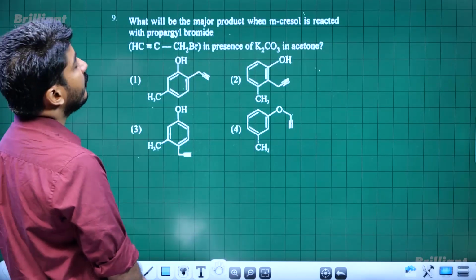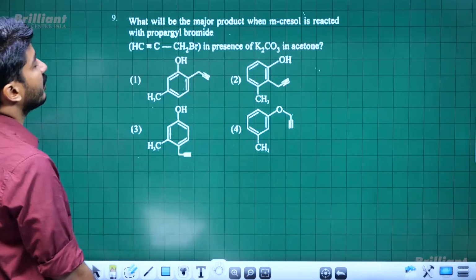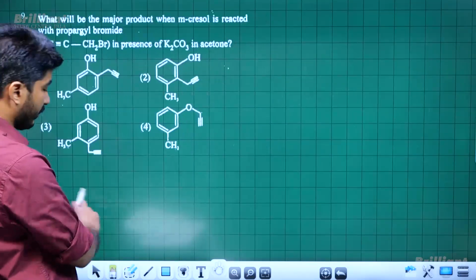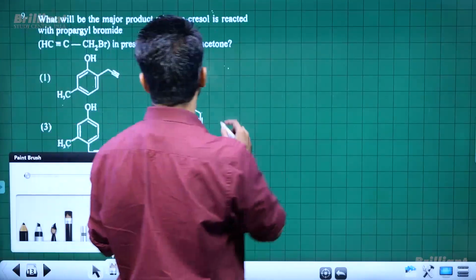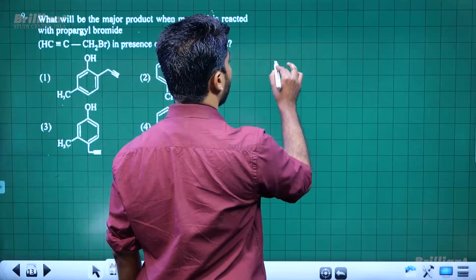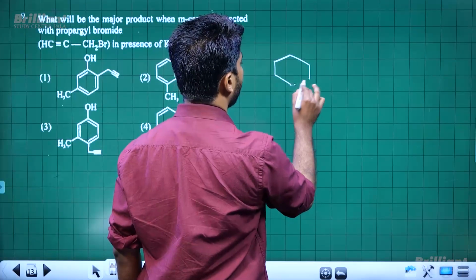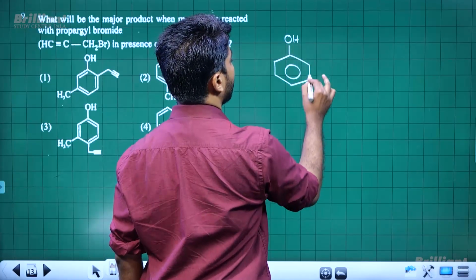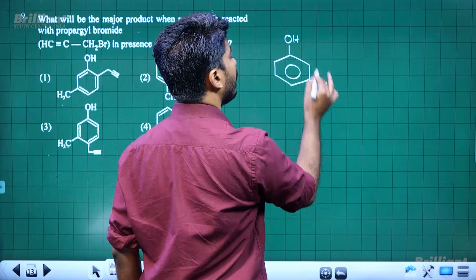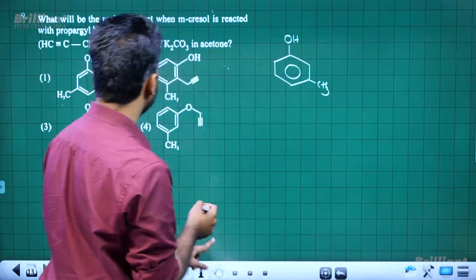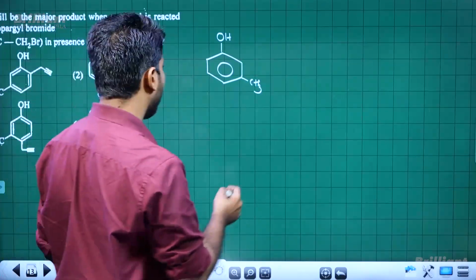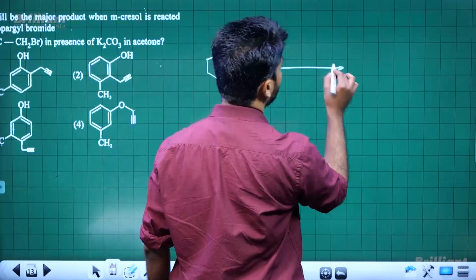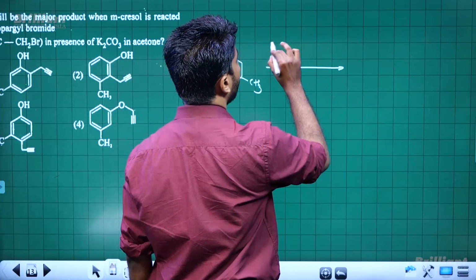Okay, next reaction. What will be the major product when metacresol is reacted with propargyl bromide, in the presence of K2CO3 in acetone? Metacresol, we know from the phenols chapter, this is metacresol. It is 3-methyl phenol. And it is treated with propargyl chloride. Propargyl chloride looks like this.